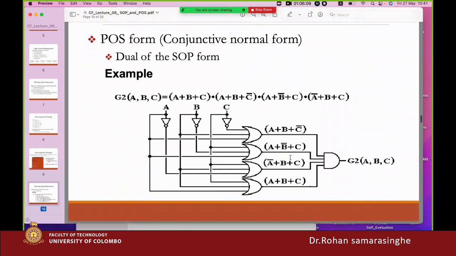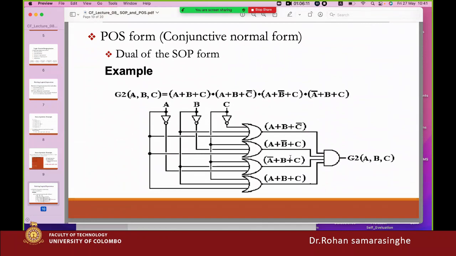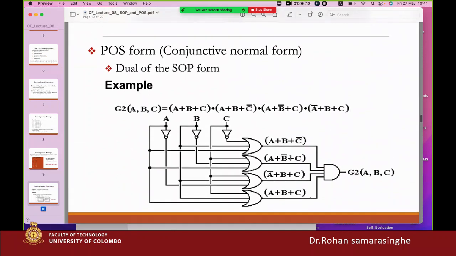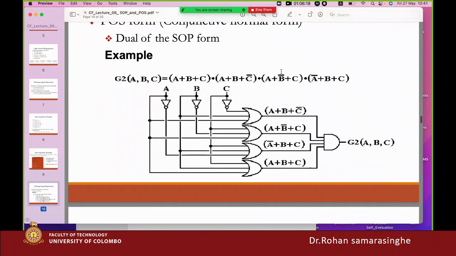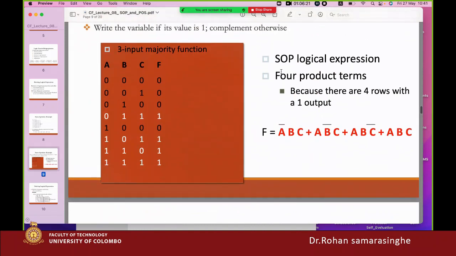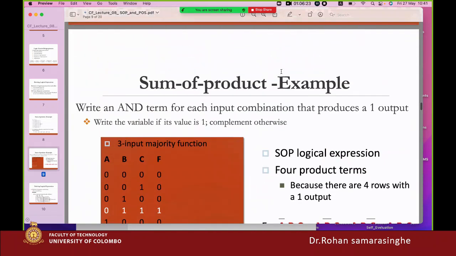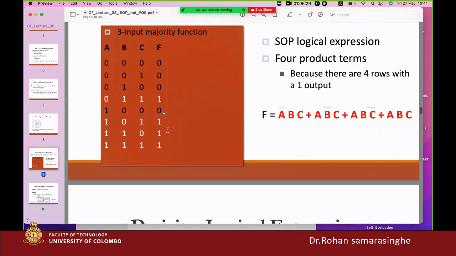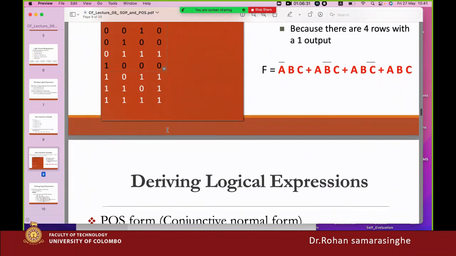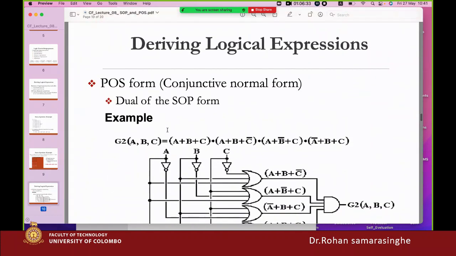Deriving the logical expression, you can get the product of sum also. Conjunctive normal form is called the product of sum. Maybe when you were in the A-level classes, you studied how to get the product of sum from the K-map.